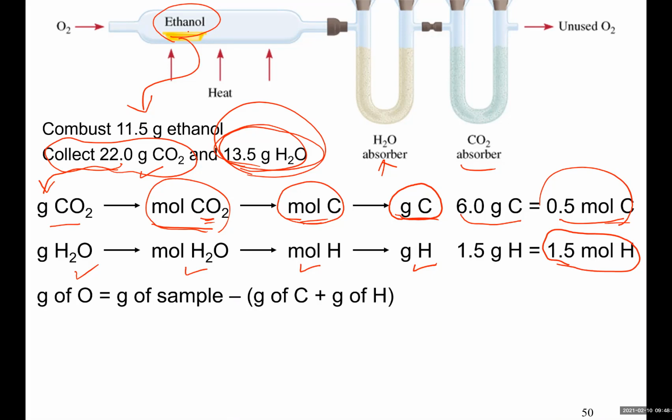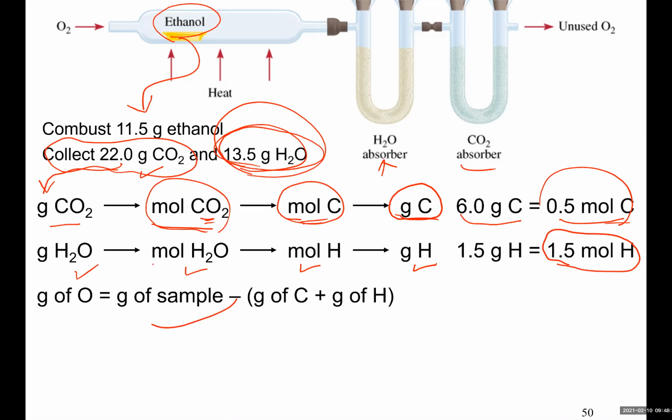So can I say, and this is what we do in the lab, if you have a sample containing carbon, hydrogen, and oxygen, the mass of oxygen is always obtained by subtracting the mass of carbon and hydrogen from the total mass.